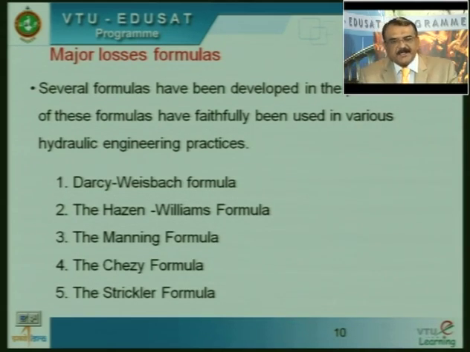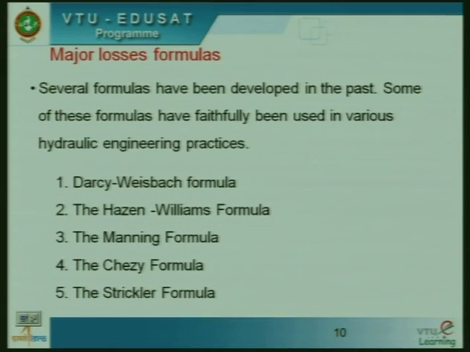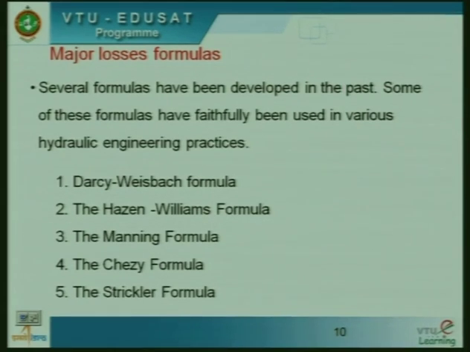Among these, in the syllabus, they mention the Darcy-Weisbach formula, so that is why my talk for the next couple of minutes is restricted only to the Darcy-Weisbach formula. You are going to study the Hazen-Williams formula, Manning's formula, Chezy's formula in the 5th semester, or some of the formulae you are going to study in the next semester. Alright. For the time being, let us talk about this Darcy-Weisbach formula for this major loss.